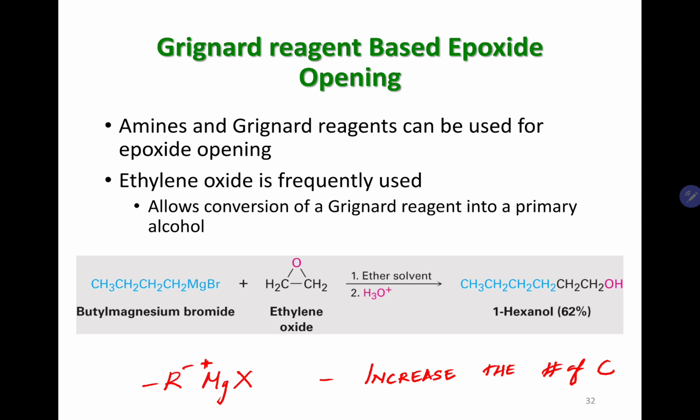In this reaction you can easily add carbons. The R group in the Grignard will be the new carbons that will be added to the epoxide. So here what I have is butyl magnesium bromide, a magnesium bromide salt with a butyl group as the R group.